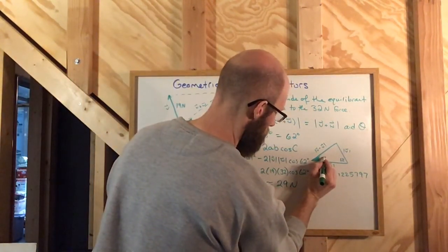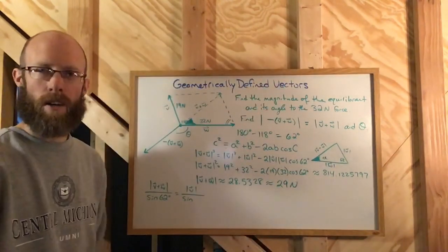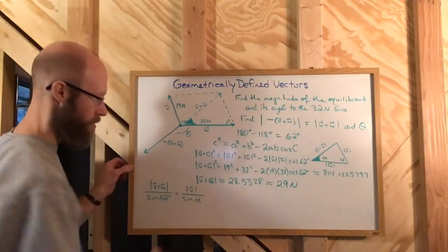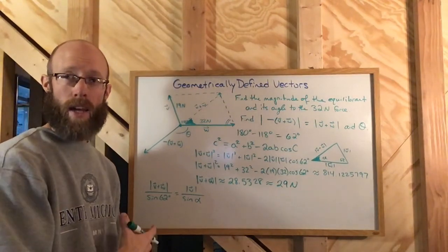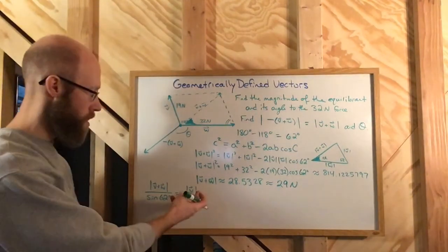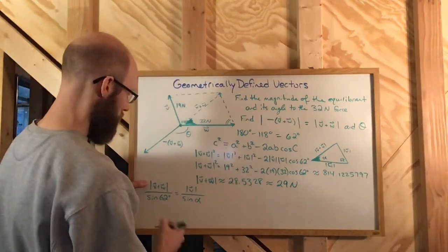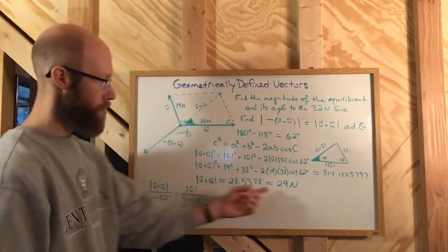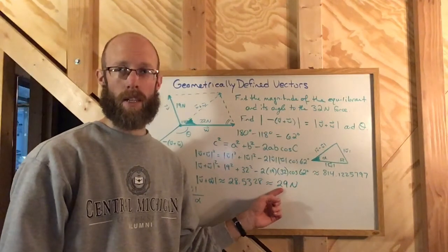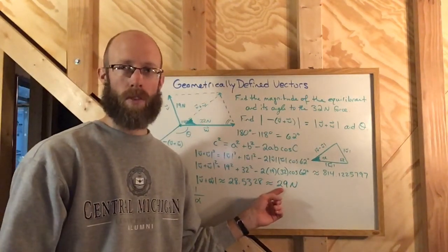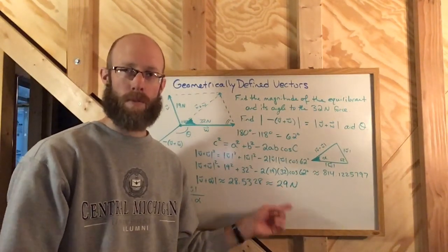I know I'm running out of letters here. So we'll call that sine of alpha. Then I just solve for alpha and plug in what I have. Now the magnitude of v plus w, I've rounded this pretty significantly, and I don't really want to use the rounded value there. I'm going to try to keep some accuracy here.